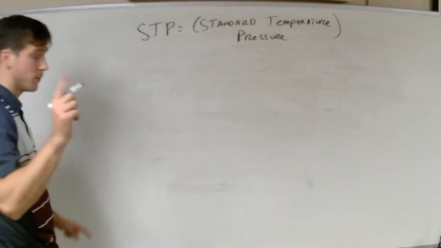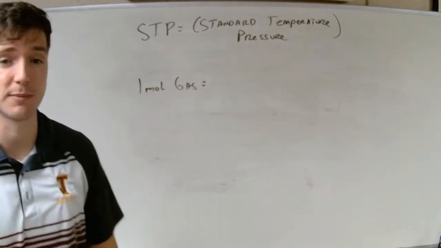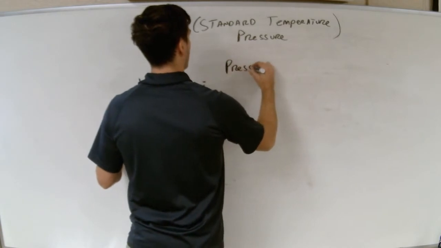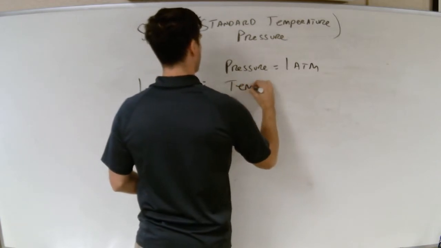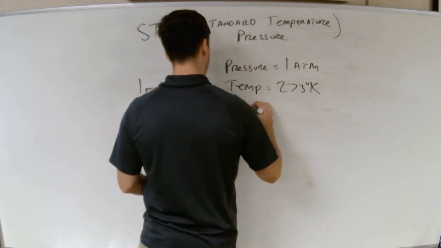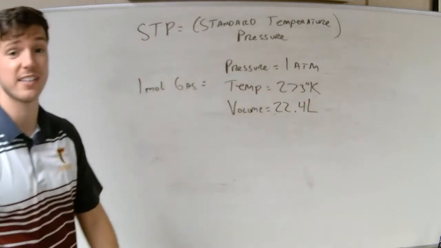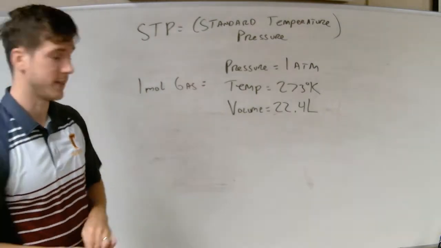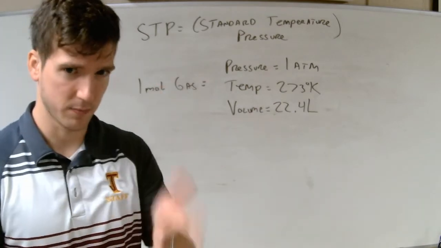At STP, when you have 1 mole of gas, so 6.022 times 10 to the 23rd molecules of a certain gas, the pressure will be 1 atm, the temperature will be 273 degrees Kelvin, and the volume will be 22.4 liters. So if you see STP, you can think 1 atm, 273 degrees Kelvin, 22.4 liters. Sometimes the volume will change, but STP is usually always 1 atm, 273 degrees Kelvin.